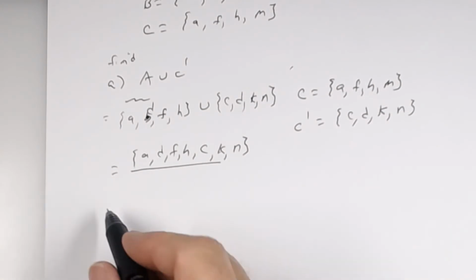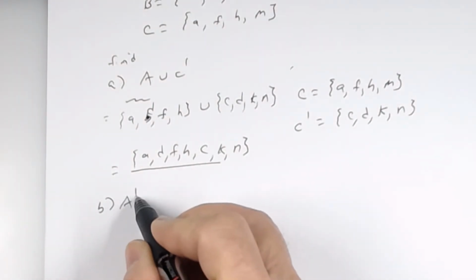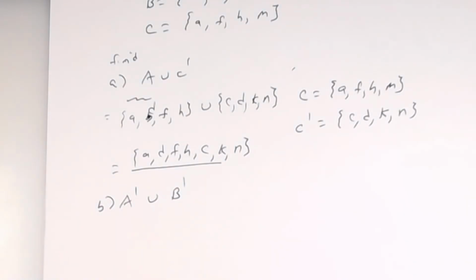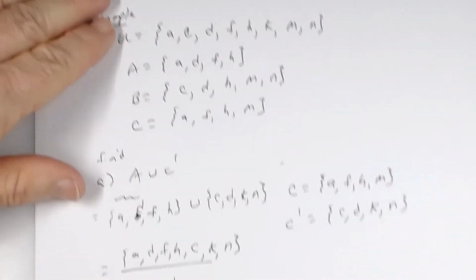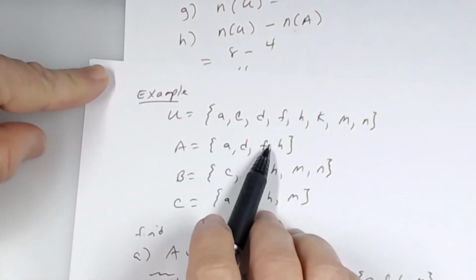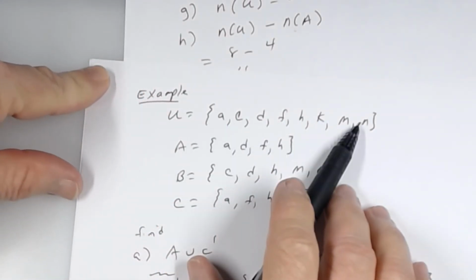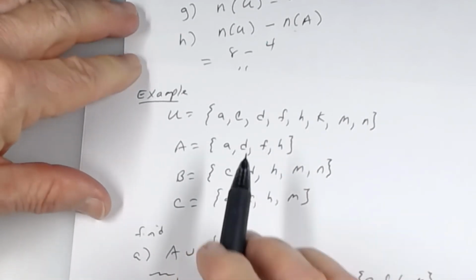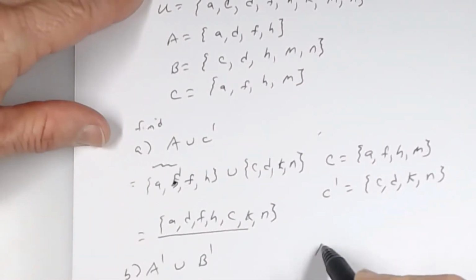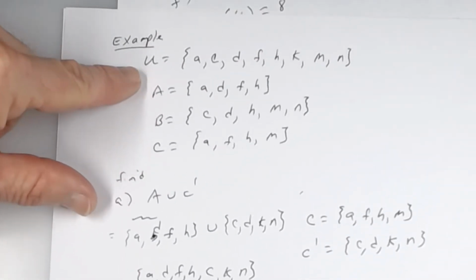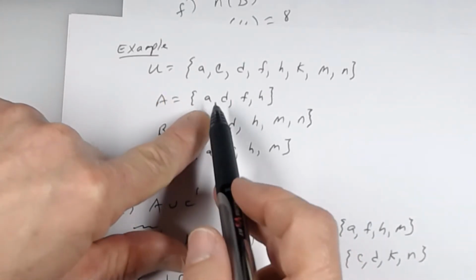Let's look at B. A complement union B complement. What do I find first? A complement. All right, well, we know what set A is, right? So here's set A right here. So A complement would be all these other elements except the ones that are in set A. Can I use A?